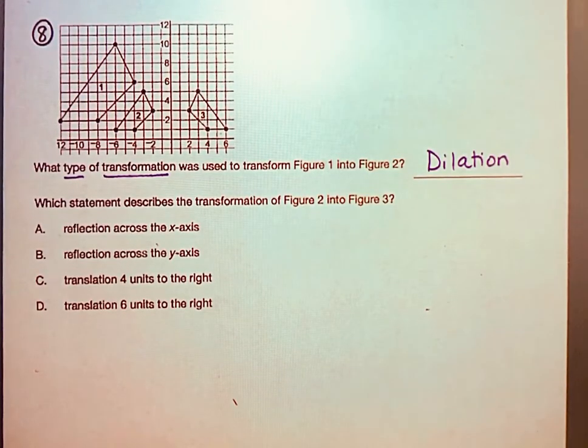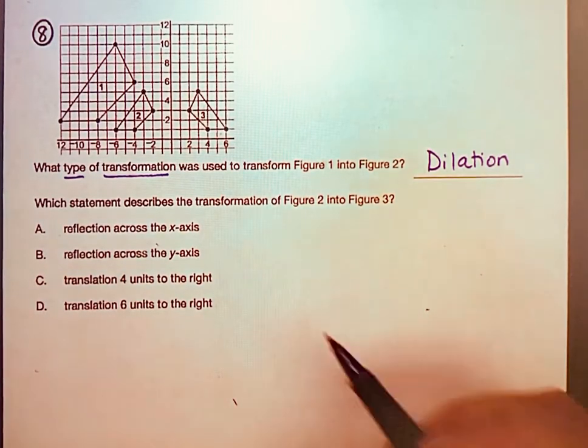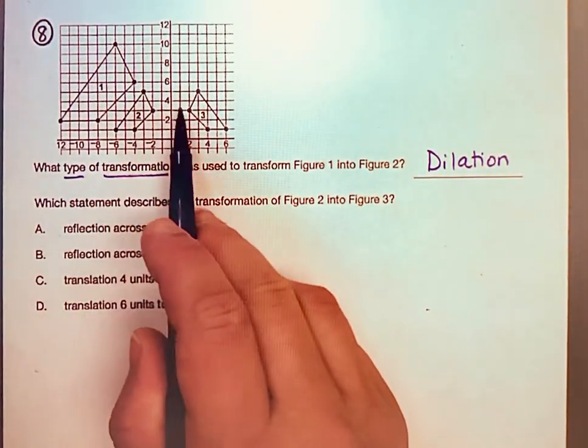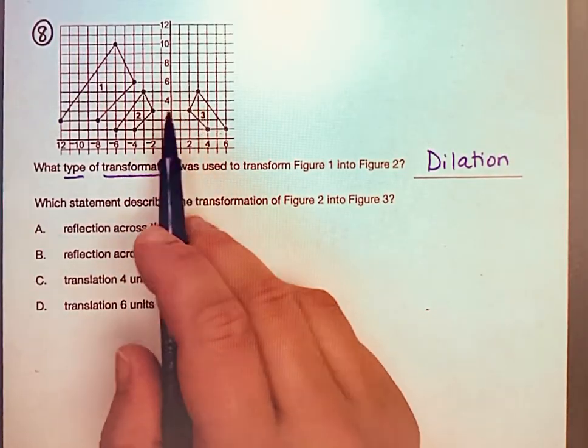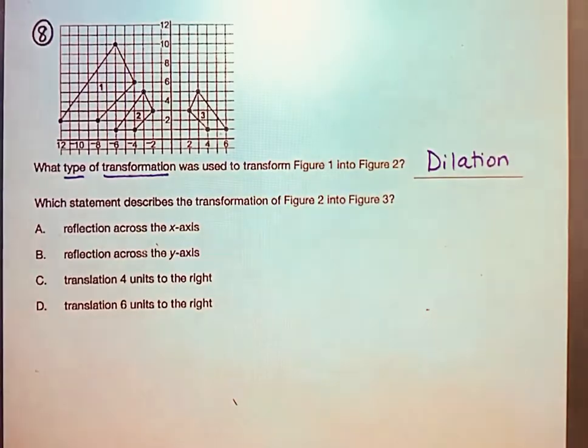Part B. Which statement describes the transformation of figure 2 to figure 3? And you have your 4 options there. Well, I know it's not going to be a translation, because if it was a translation, it would just slide over, and it would be in the same orientation. Well, it's not sliding over, it's actually flipping.